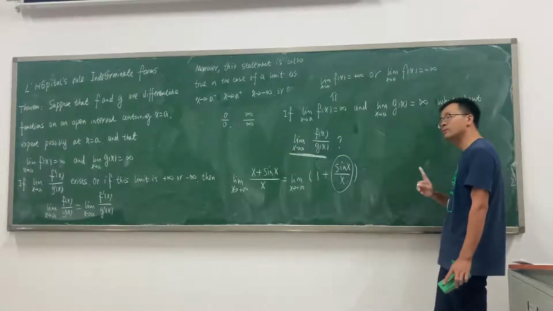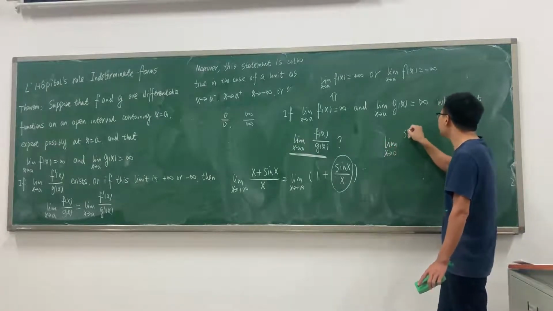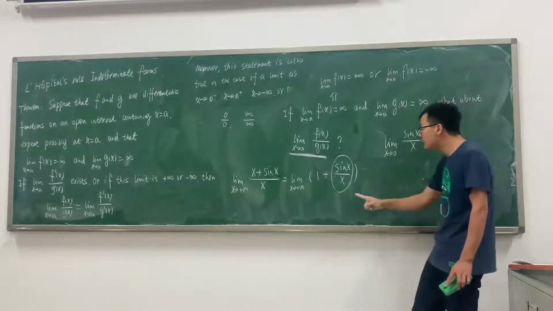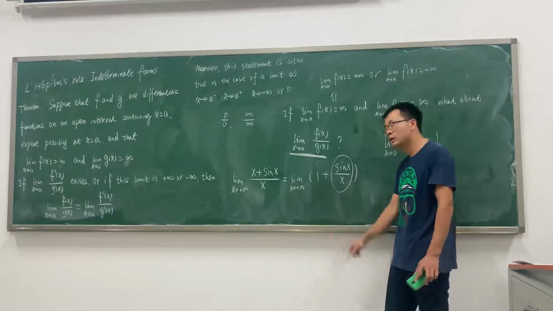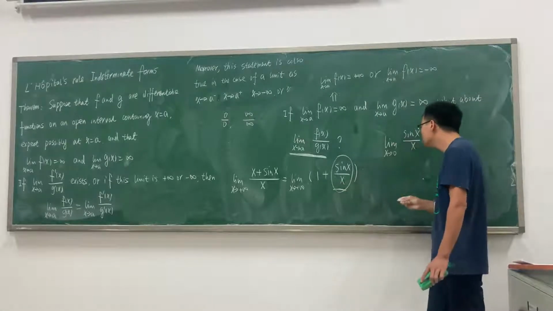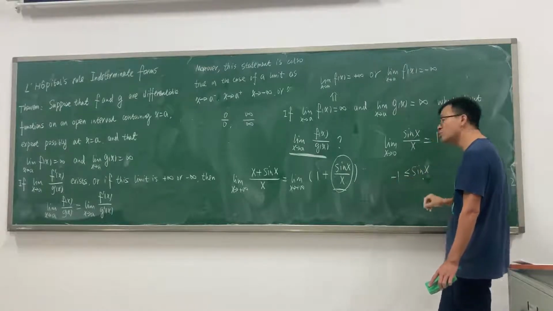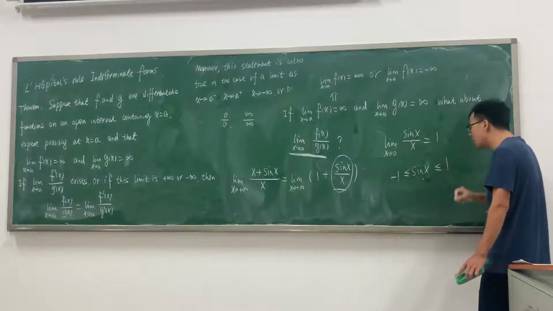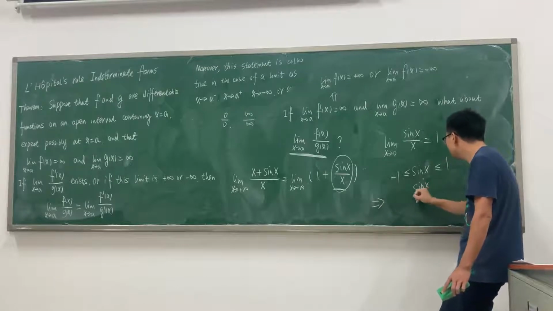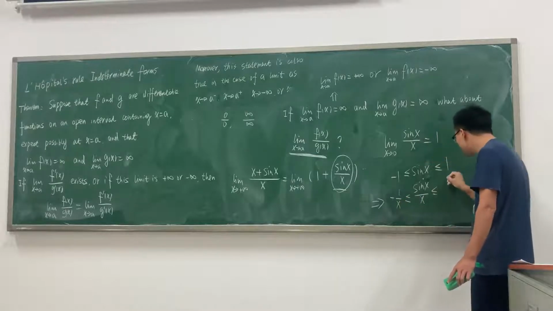We know 1? No. When x approaches 0, sin x divided by x is 1. But here x approaches plus infinity, so it is different. Here sin x is greater than or equal to -1 and less than or equal to 1, so sin x by x is between -1 by x and 1 by x.